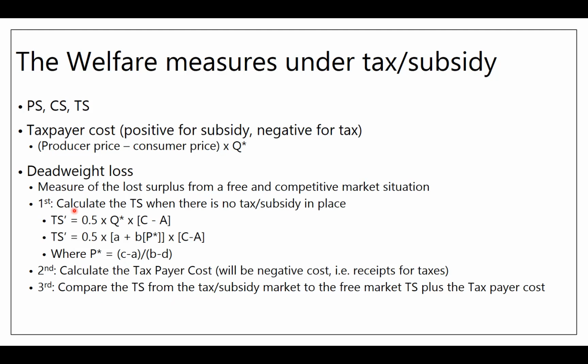Part 1 says give me the total surplus that would happen if we didn't influence this market with a tax or subsidy. The second term here says let's think about what the budget is for this, okay? And so we're going to say give me the free market plus the budget, right? Whether it's money coming in as receipts or money being spent as subsidy.